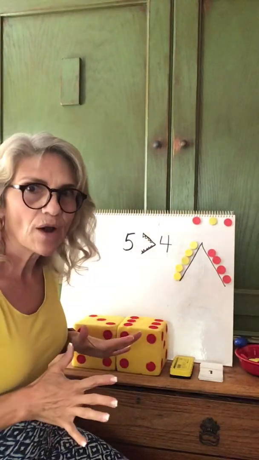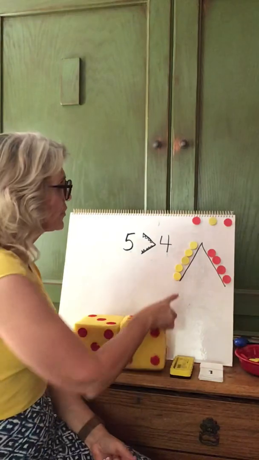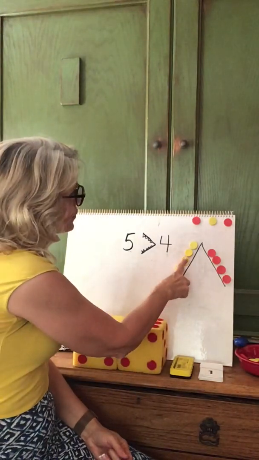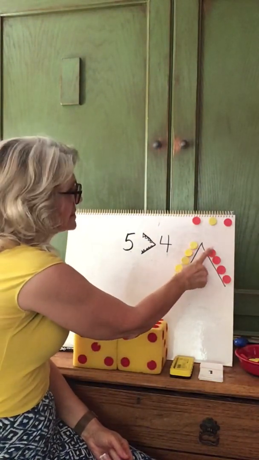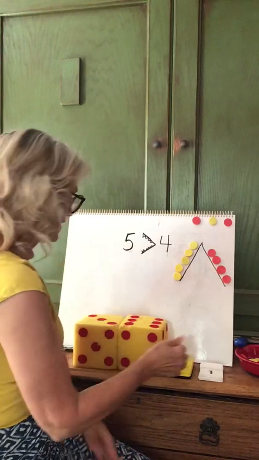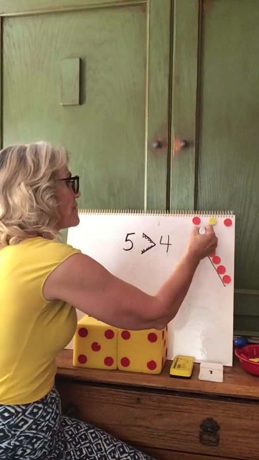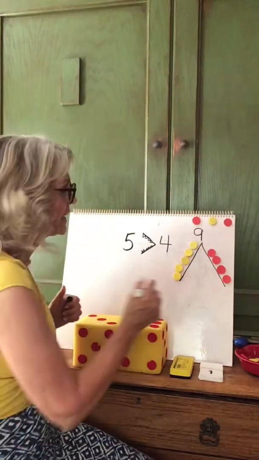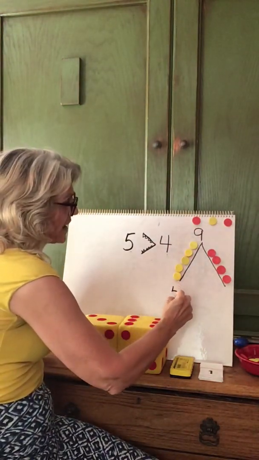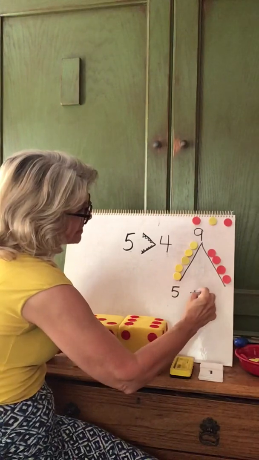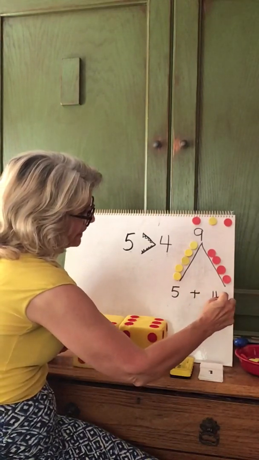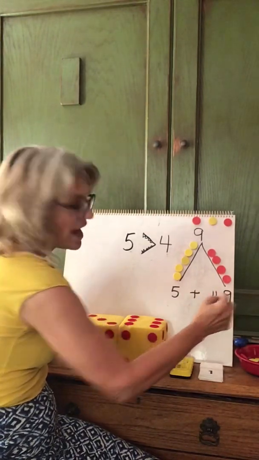So let's figure out what math mountain it is. Let's count them. 1, 2, 3, 4, 5, 6, 7, 8, 9. You may have already figured out before we counted it. That math mountain is called Math Mountain 9 because 5 plus 4 equals 9.